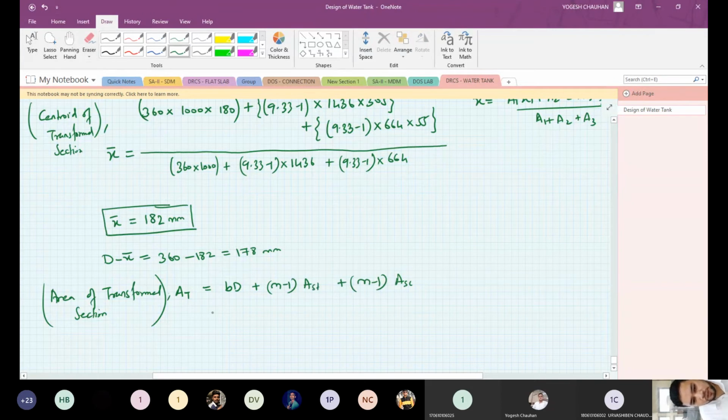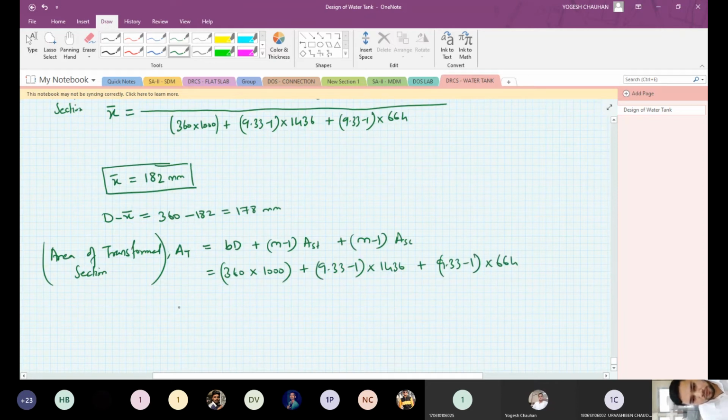So this is nothing but the denominator value, that is 360 into 1000 plus 9.33 minus 1 into 1436 plus 9.33 minus 1 into 664.